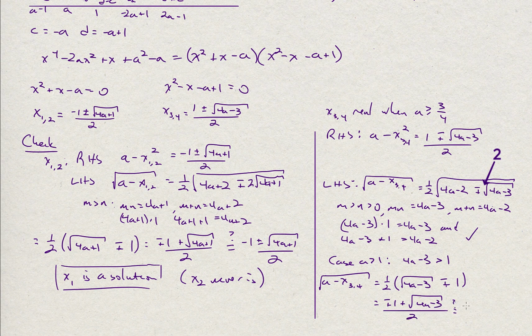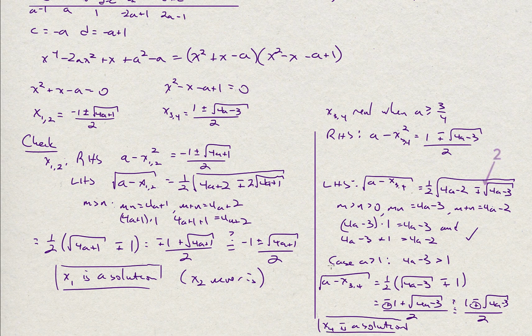And when does that equal our right-hand side of 1 minus or plus the square root of 4a minus 3 over 2? Well, that's when 1 is positive and the square root of 4a minus 3 is positive. Again, that's the bottom symbol of our minus plus, so that comes from plugging in x4, the second one. So x4 is a solution, but not x3.